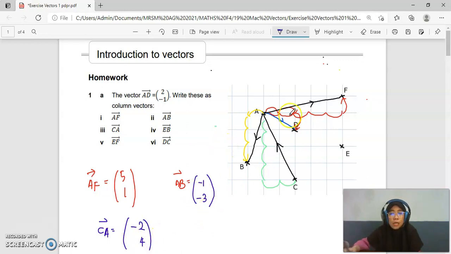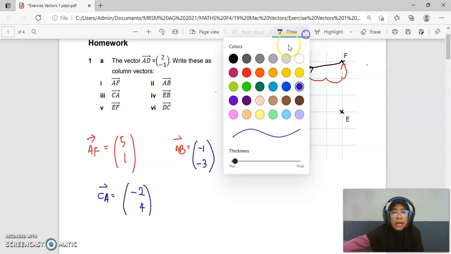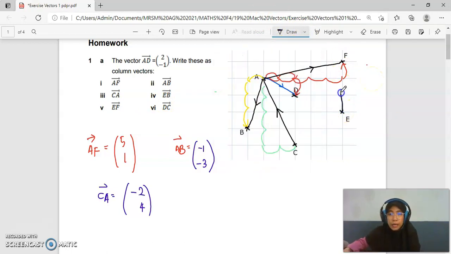Okay, so I want you to do EB by yourself. Let me discuss with you about EF. Can we make a line for EF? What you can see is that EF is only a vertical line that moves from E to F. So what happens when it's only a vertical line?